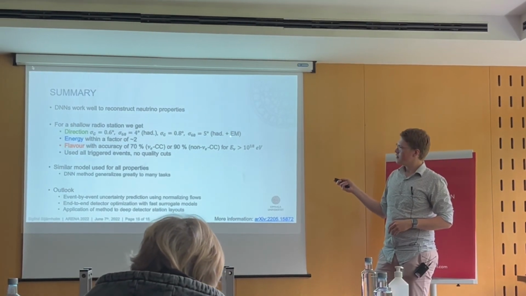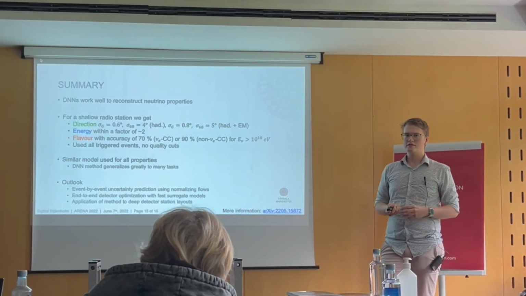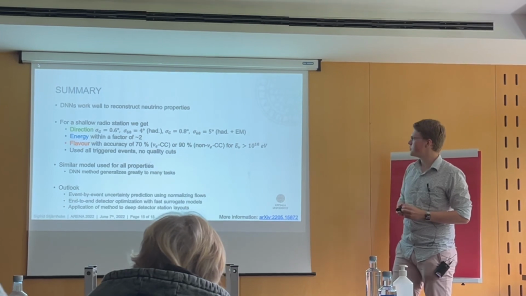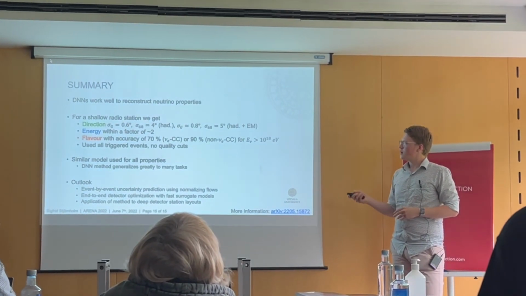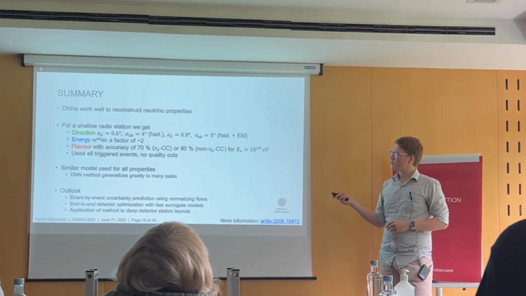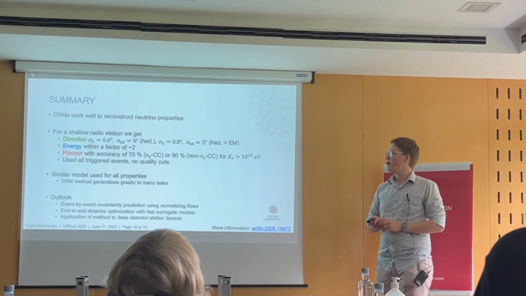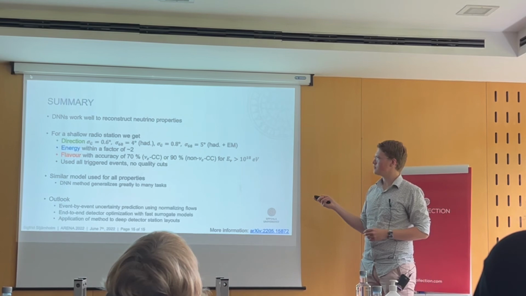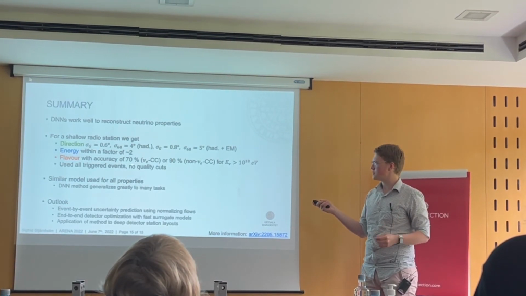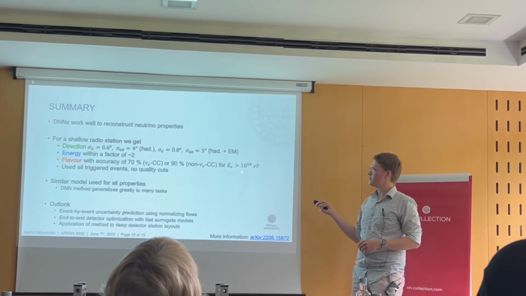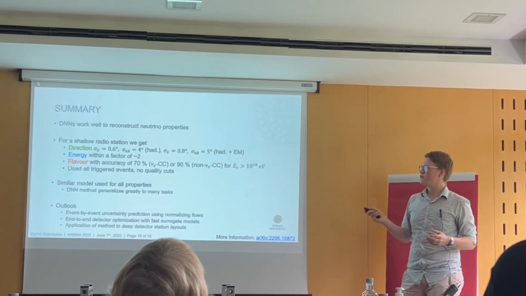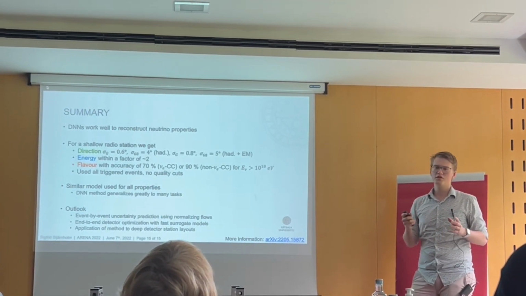For the hadronic and electromagnetic events, it's a bit lower performance, but still within quite good regions. Also, we get the energy within a factor of 2, roughly, and the flavor within quite good, 70% accuracy for these events and 90% accuracy for these events for this energy interval. And this is using all triggered events and no quality cuts.